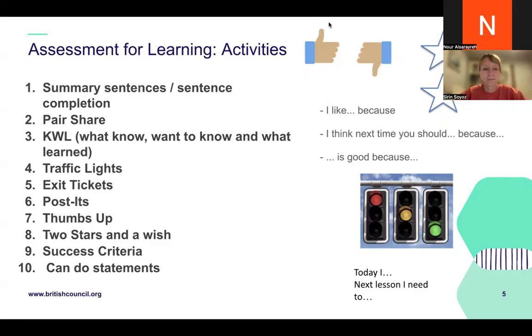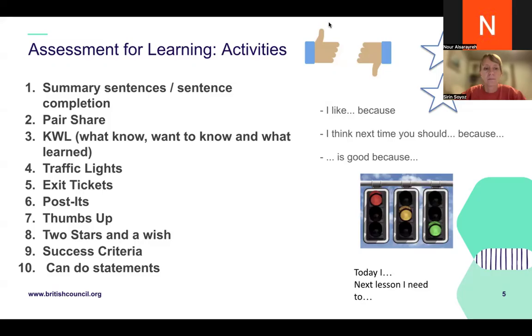In our group we discussed that if we have 2 kinds of levels, let's talk about primary or young age students, we would recommend using traffic lights, exit tickets, and post-its, a fun, active way of assessing students for themselves and the class.